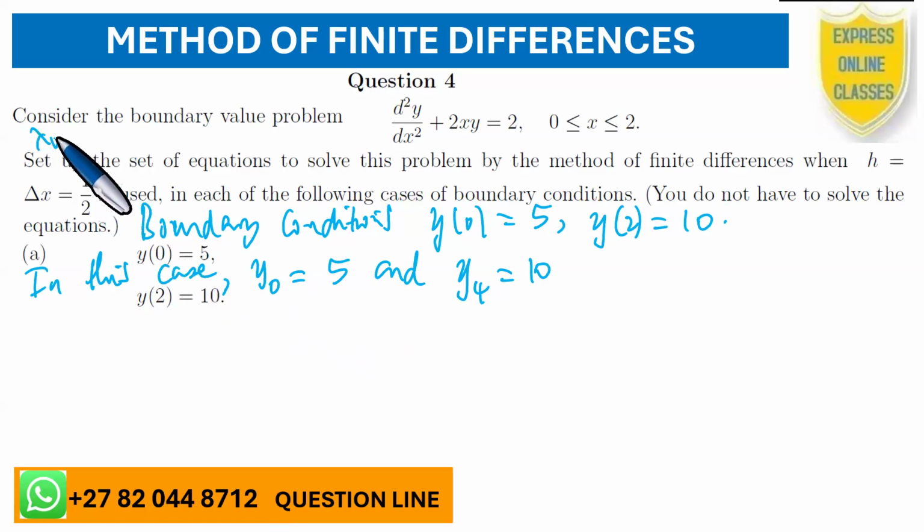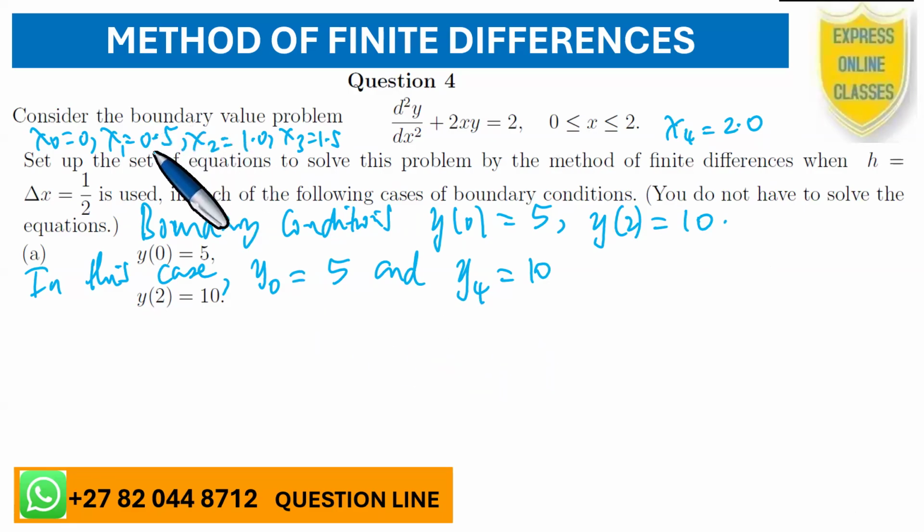But you remember that at this point, our x0 is 0, x1 is 0.5, x2 is 1, x3 is 1.5, x4 is 2.0. That is why this x4 corresponds to y4. Now we don't know the value of y at 0.5, at 1.0, at 1.5, but we know it at 0, so we know y0, but we also know y4, which is y at x4, and that is y at 2, and y at 2 becomes 10 exactly.